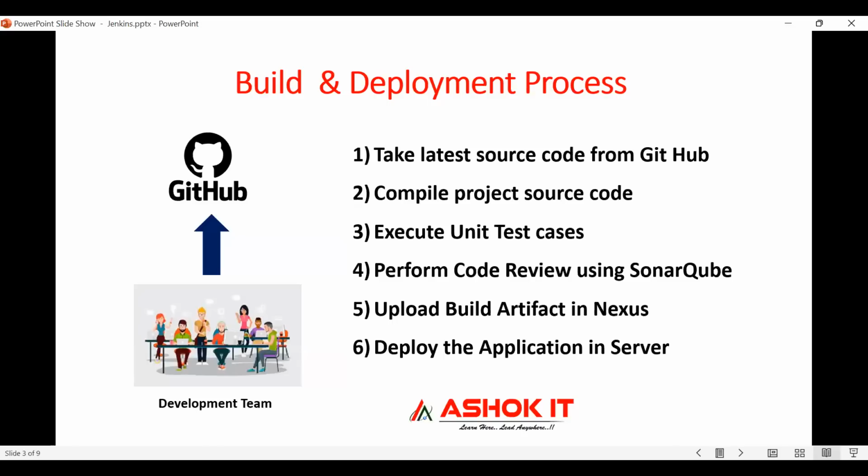So the operations team needs to take the latest source code from GitHub. They need to compile the source code, execute the test cases, and perform the code review of the project. They need to package the application into a jar file or war file. One extra step also comes here.